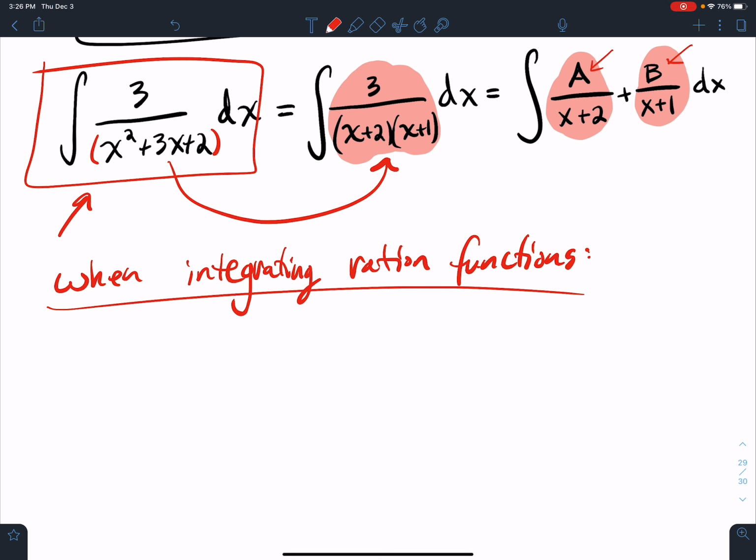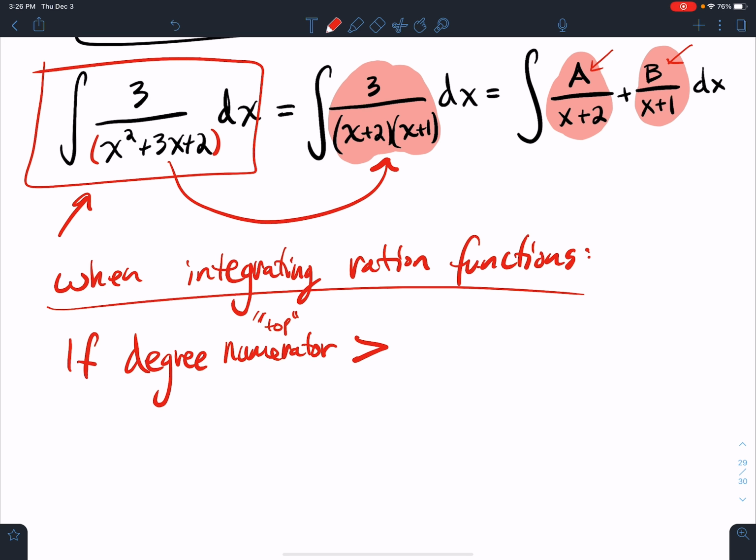Number one, if the degree of the numerator, also known as the top part of the fraction, is greater than or equal to the degree of the denominator, or the bottom, then what's the case?